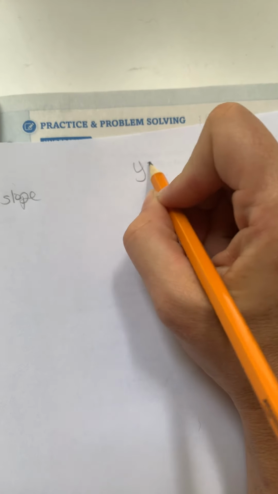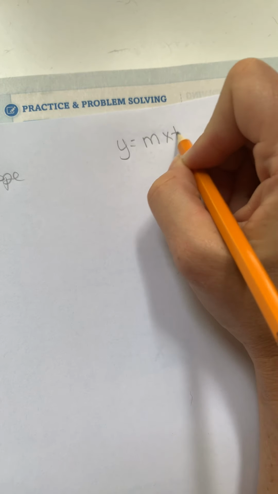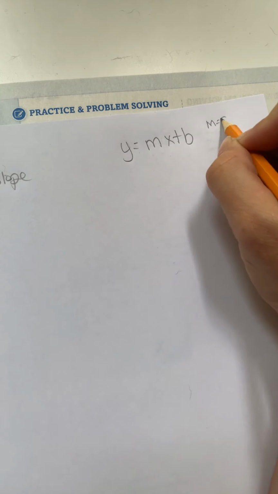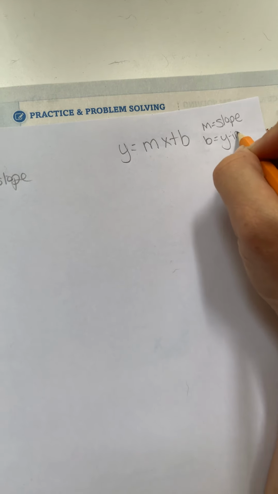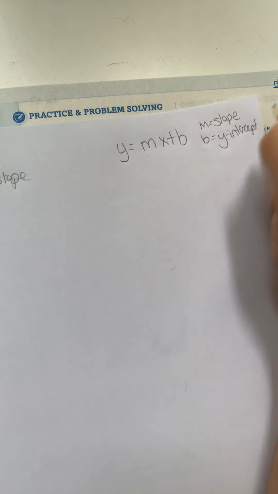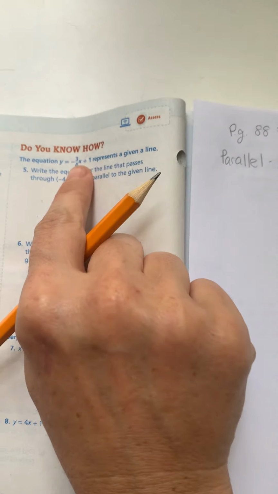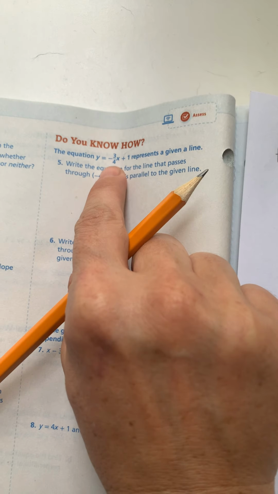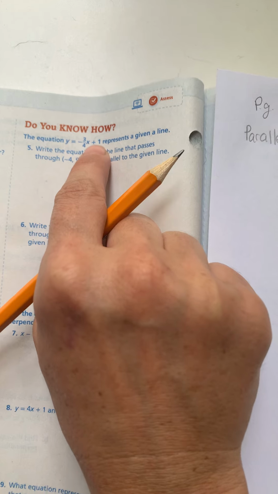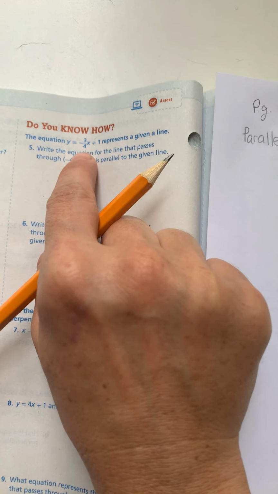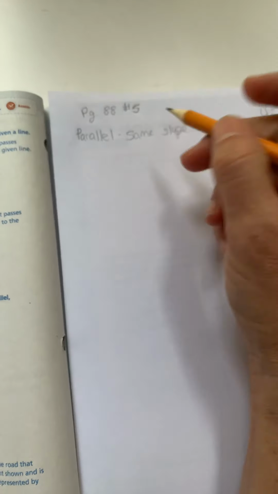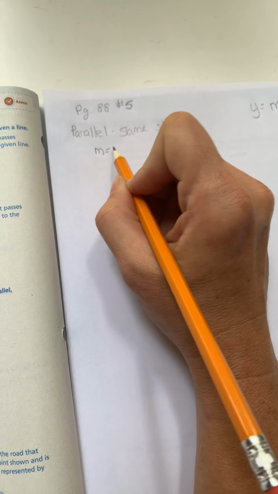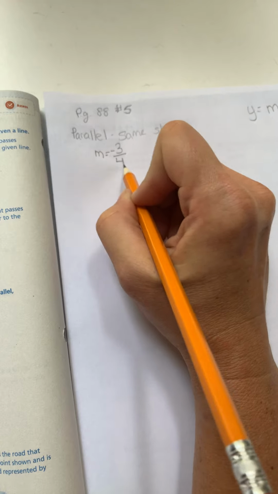Since slope-intercept form is mx plus b, I know m is my slope, b is my y-intercept. So when I look at this equation, my slope is negative 3/4 and my y-intercept is 1. All I really care about is that negative 3/4. Since it has to have the same slope, it's also going to be negative 3/4.